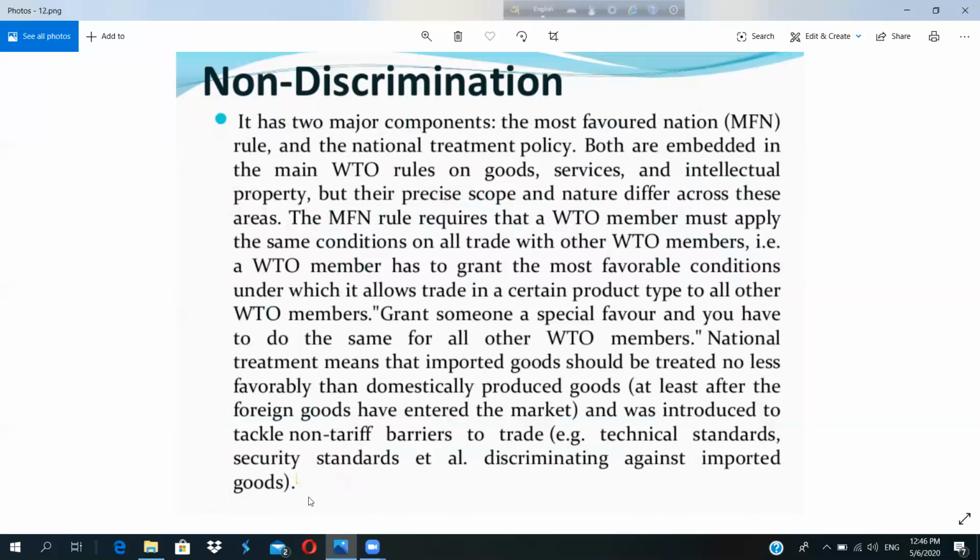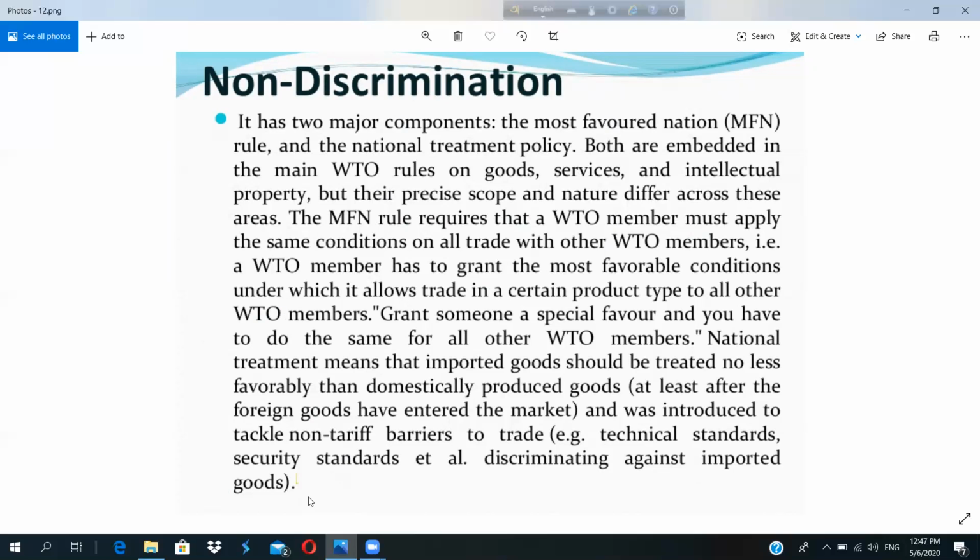Okay, now come to the first one, non-discrimination. It has 2 major components. The first one is the most favored nation rule. That is, there is no discrimination between the member nation countries. The second one is the national treatment policy, and that is, imported goods should be treated no less favorably than domestically produced goods and services.